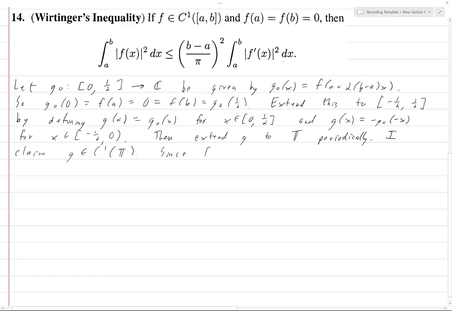So since f is in C1 of [a, b], then g naught is certainly going to be in C1 of, say, the open interval from 0 to 1/2.